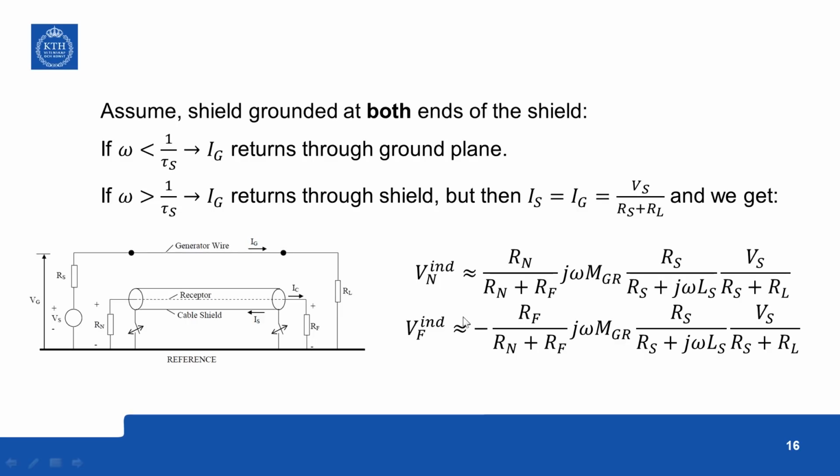So how do we represent that? What does it mean? Below omega less than 1 by tau_s, so below that frequency, this I_G returns via the ground. It is not going via the shield. Whereas above that frequency, I_G is returning through the shield, and I_S is equal to I_G.